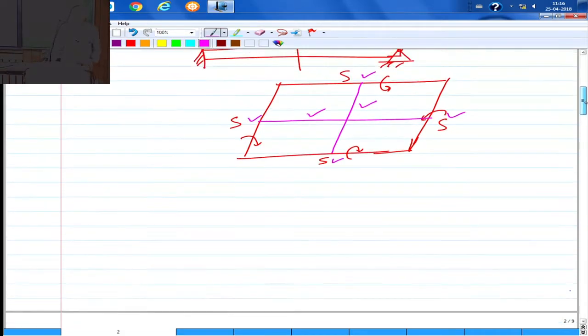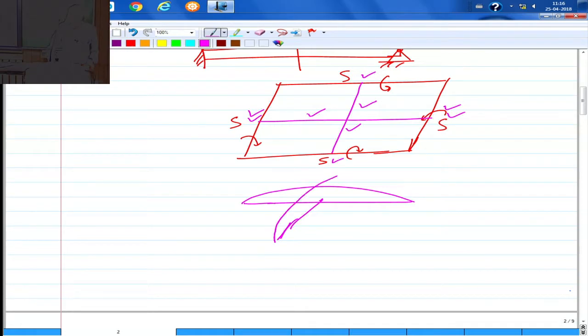If I look at the first mode and plot the displacement distribution along this line, it would be like this, and if I move along this line, the displacement distribution would be something like this, and in between accordingly.